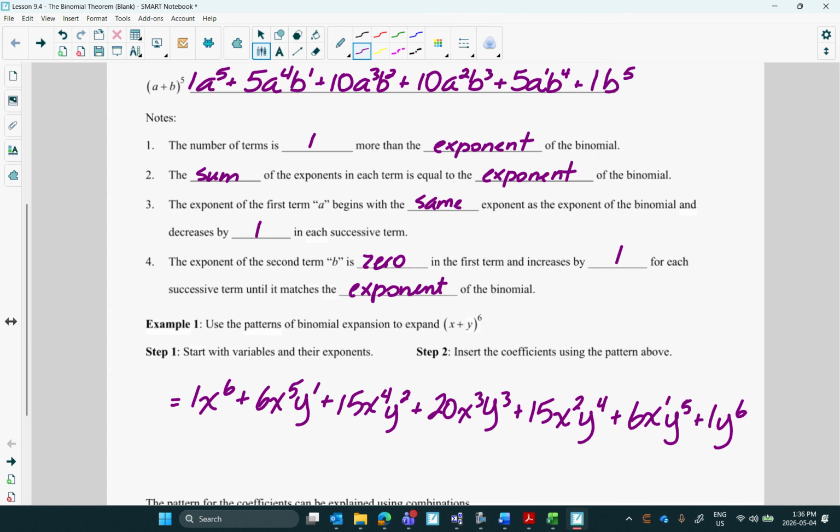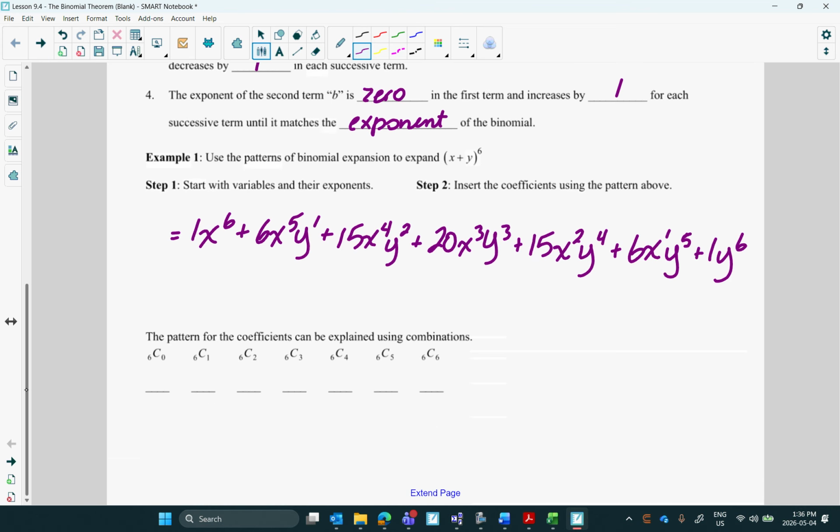Now you would want to simplify as much as you can. And what I mean by that is any coefficients of 1, take them out. Any exponents of 1, take them out.